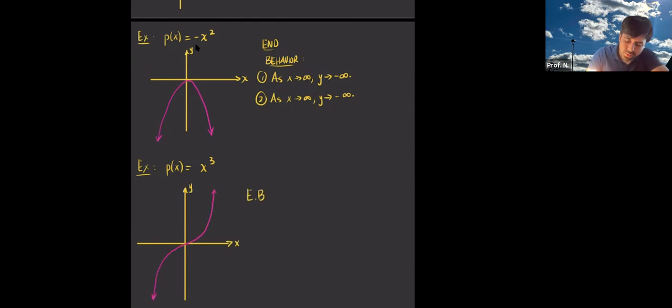I'm going to eventually just abbreviate end behavior. One is, as x goes to infinity, y goes to not negative, but positive infinity. And as x values approach negative infinity, this is a lot of negative infinities, y goes to negative infinity. Makes sense? So as I move to the right for the x values, my y values move towards positive infinity. And if my x values move in the negative direction, then my y values also move in the negative direction. Is that clear as well?